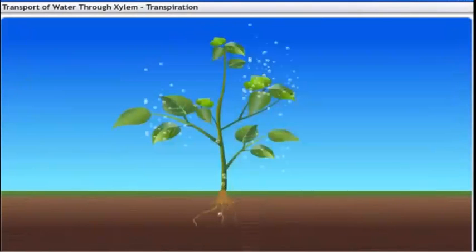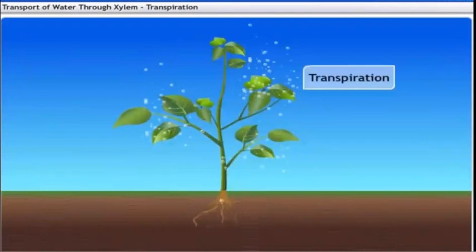This creates a suction which pulls water from the xylem cells of roots to higher parts. This loss of water in the form of vapor from the leaves and stem is known as transpiration.